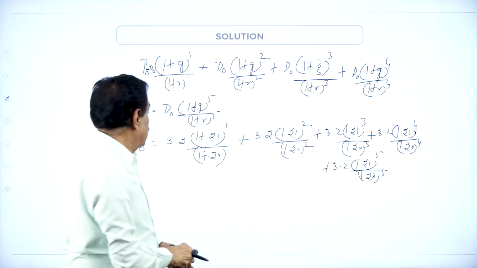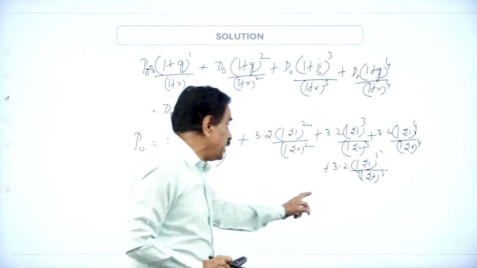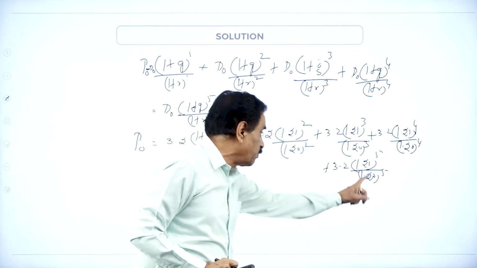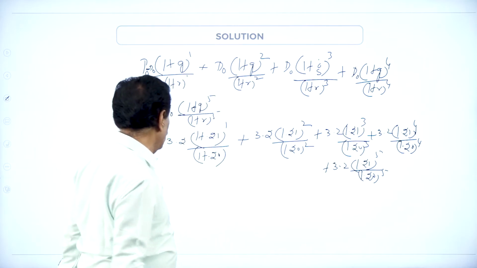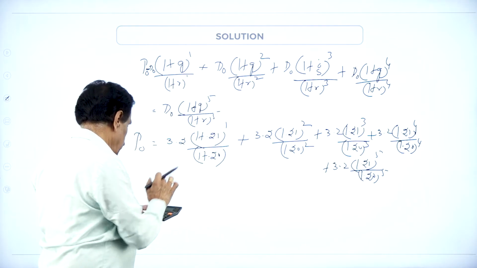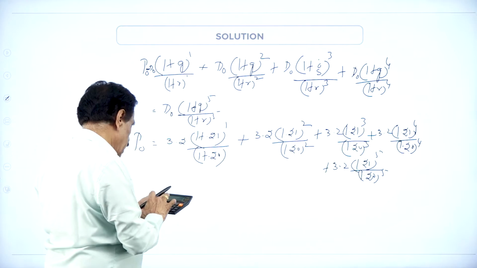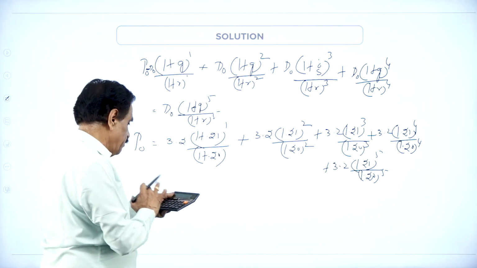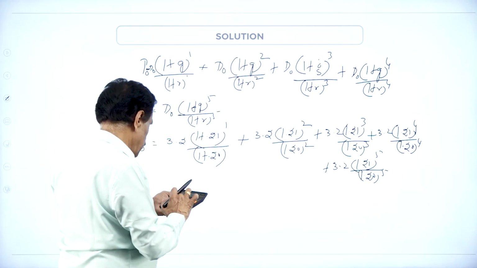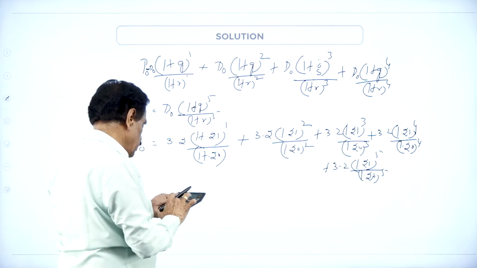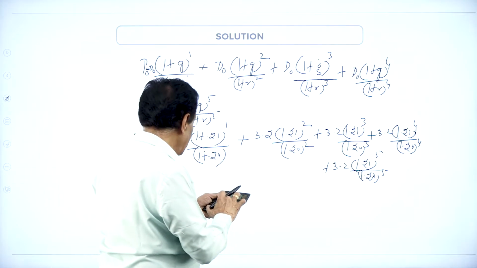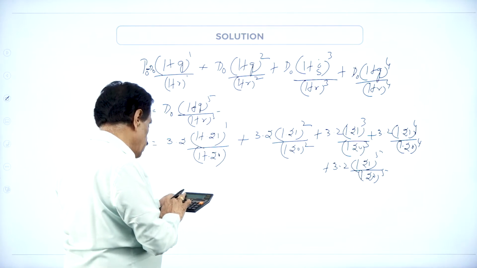This is for the 1st year, this is for the 2nd year, this is for the 3rd year, this is for the 4th year, this is for the 5th year. Slowly you have to do it. This is the 1st year, 1.21 into 3.2 divided by 1.20.